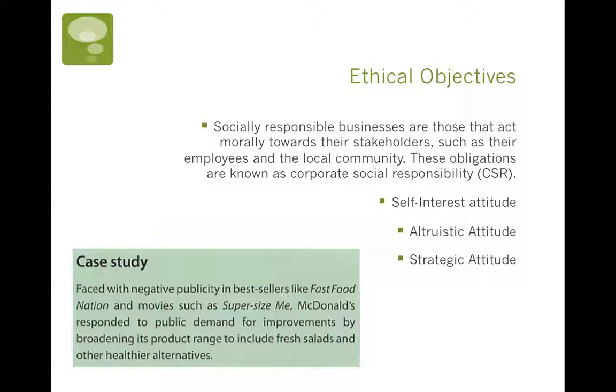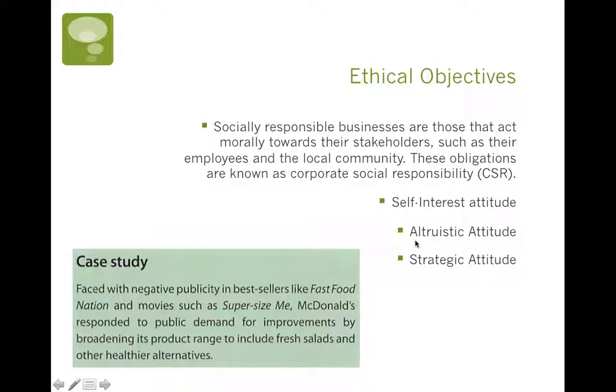That's the government's job. That's what they pay taxes for. Self-interested businesses would outline that it is their role to make money, to be profitable for their shareholders, and that is their interest. So they don't necessarily participate hugely in these ethical objectives, because ethical objectives will often cost money.